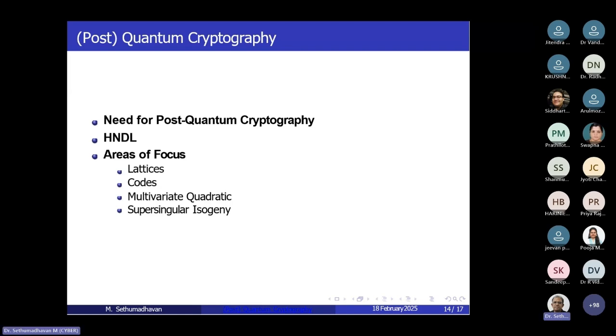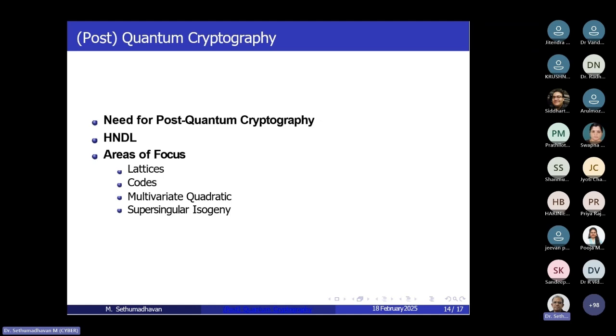The research on post-quantum cryptography started at least 10 years ago, minimum 10 years ago. Many candidates came, for example lattice-based crypto systems, code-based crypto systems, multivariate quadratic crypto systems, and supersingular isogeny.